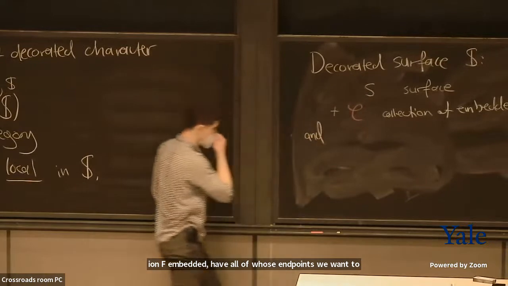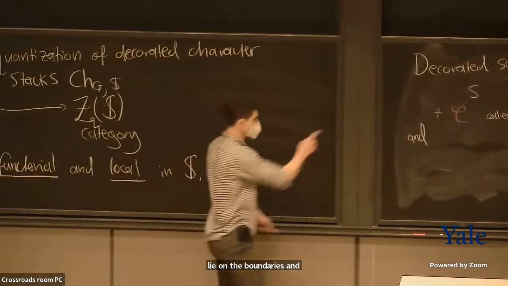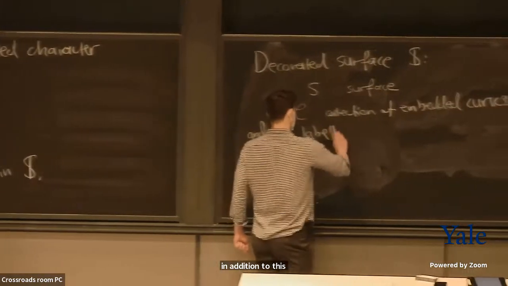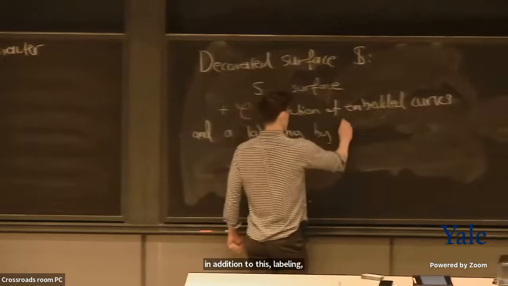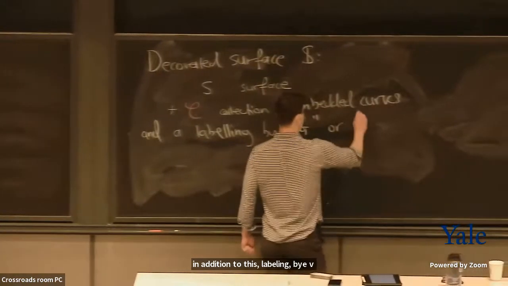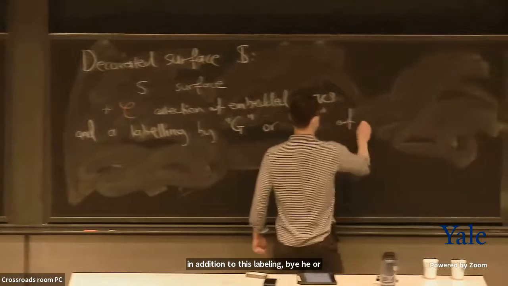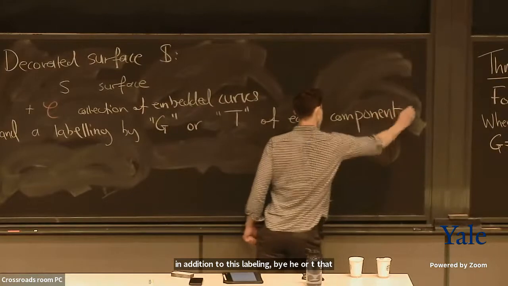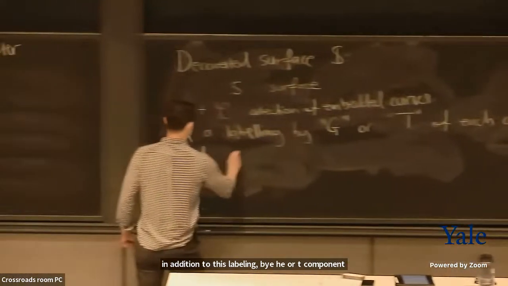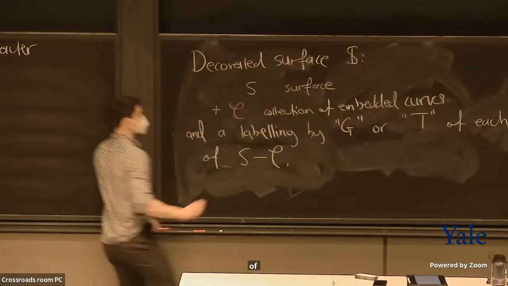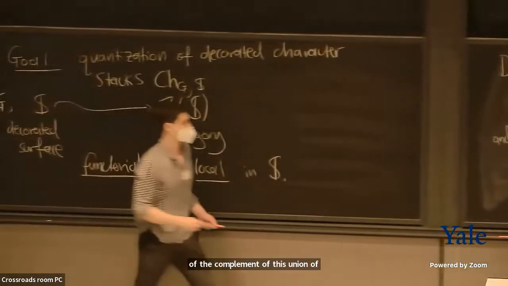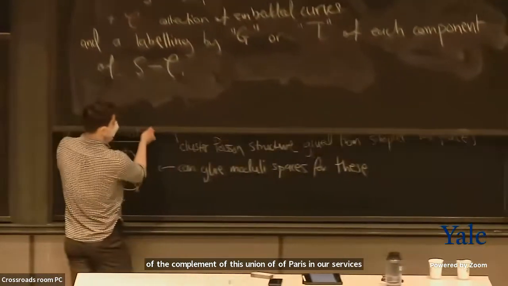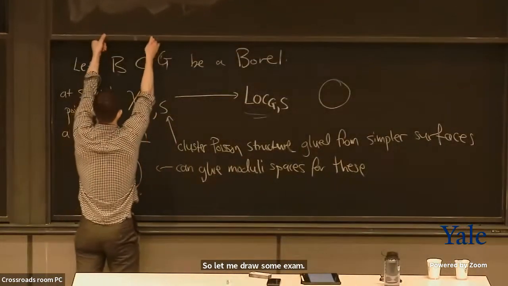And almost most importantly, in addition to this, a labeling by G or T of each component of the complement of this union of curves in our surface S. Okay, so let me draw some examples of these things.